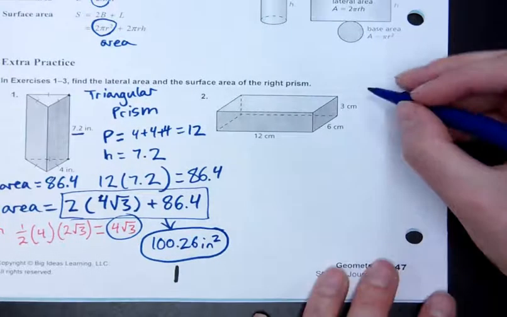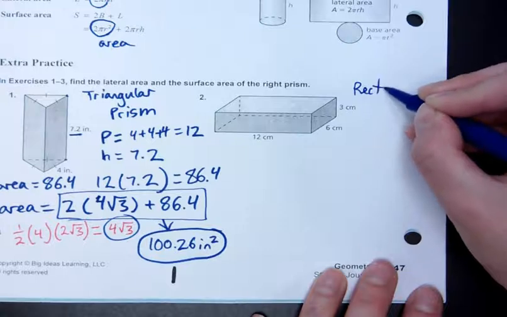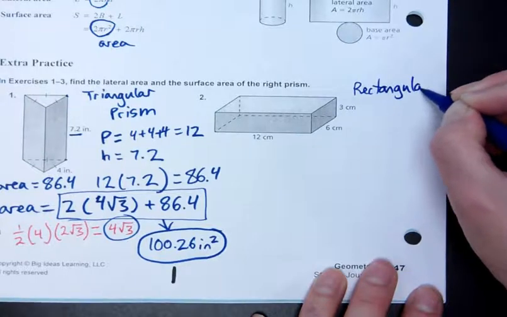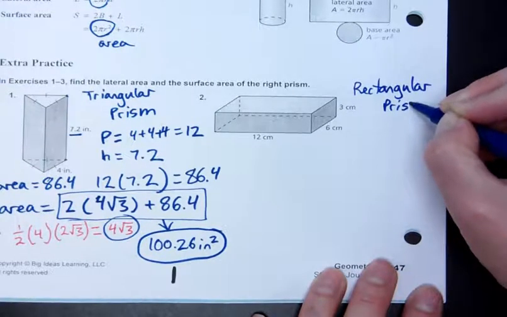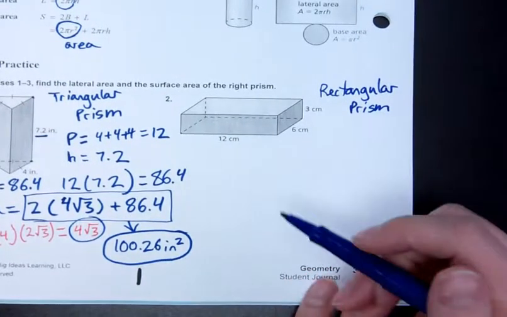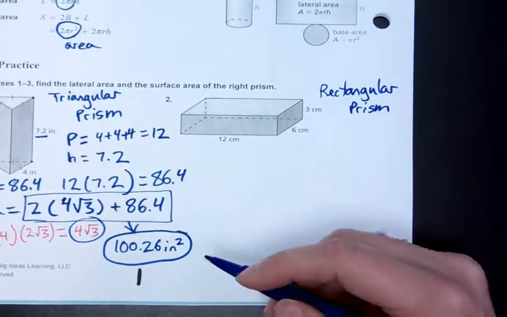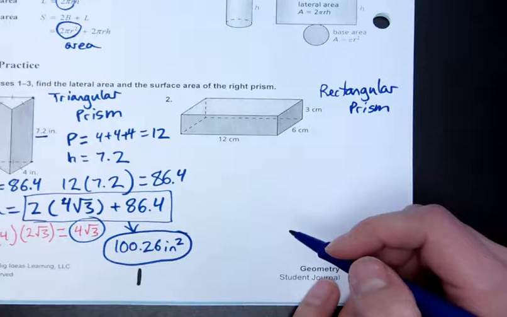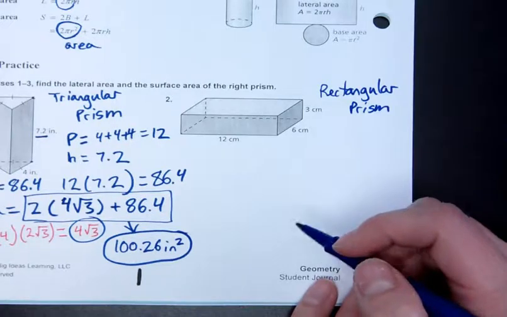Rectangular prism. So, if it's a rectangular prism, what do you think the base is? 12 times 6.